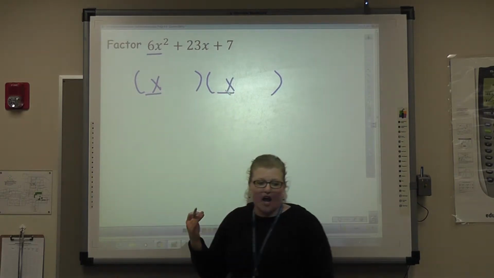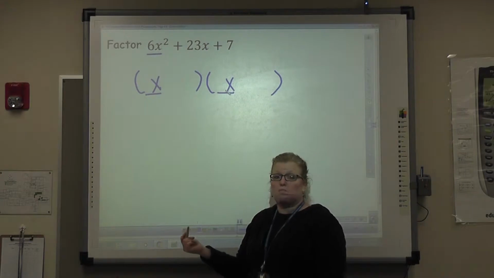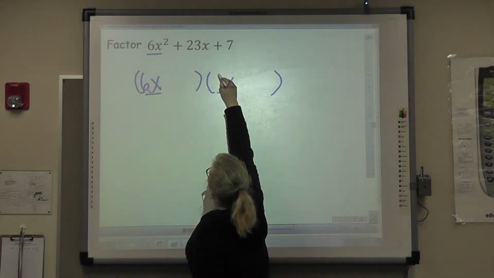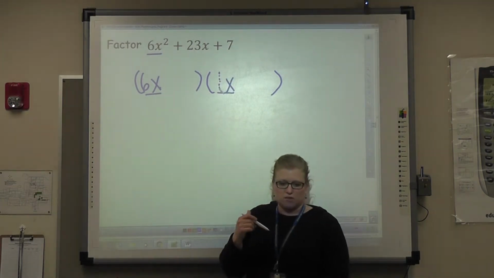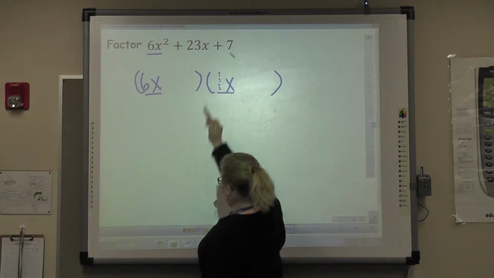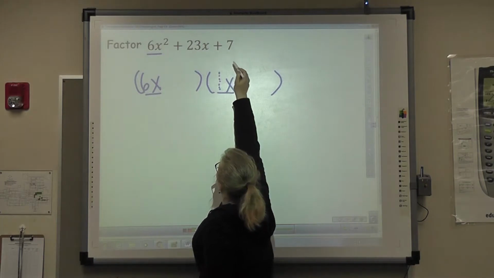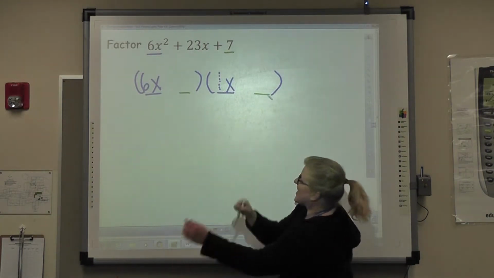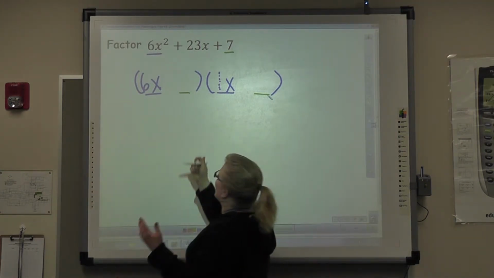But we've got other options, okay? One of them would be 6 and 1. Typically we don't put a 1 there, you know that. Then I look at what is going to multiply to get 7. And that's kind of nice because it's just 1 and 7. All right, so let's try it.